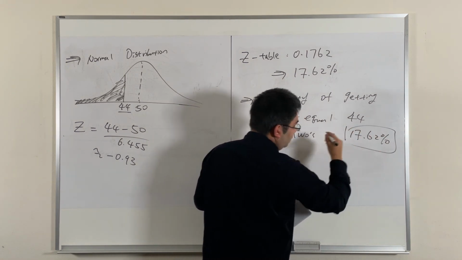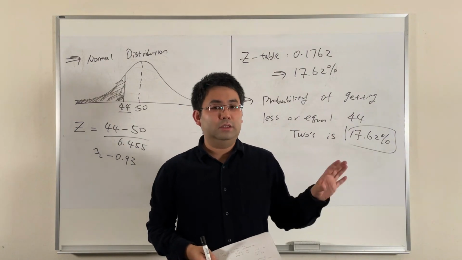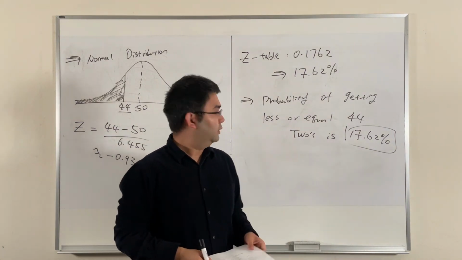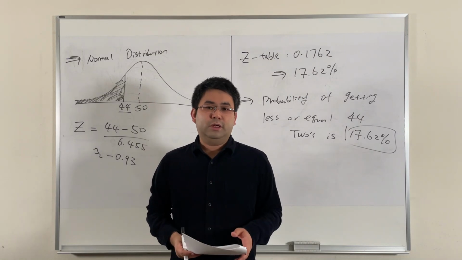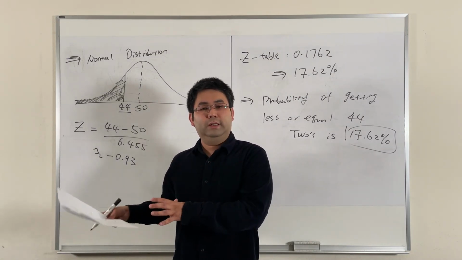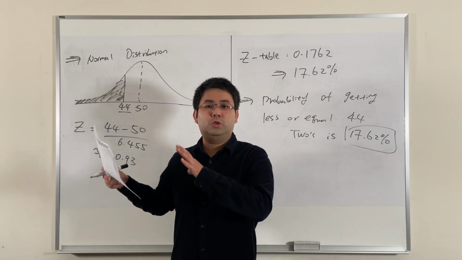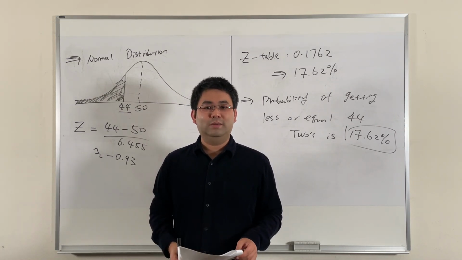As you can see, using a normal distribution is just a lot easier to solve this question. Okay, good. So this video talks about how you can use normal distribution to help you solve a binomial distribution, which is harder to solve by itself in this case. Thank you for watching. I'll see you in the next video.